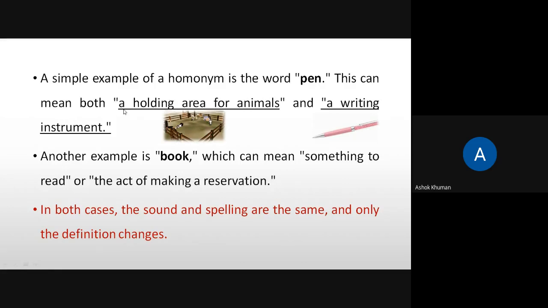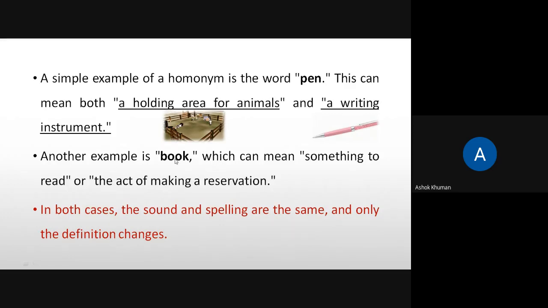This can mean a holding area for animals, you can see the picture here, and also a writing instrument. These two things are called pen. Same spelling, same sound, they are homonyms, but different in meaning. One pen means an instrument of writing, and the second is the area for holding animals.